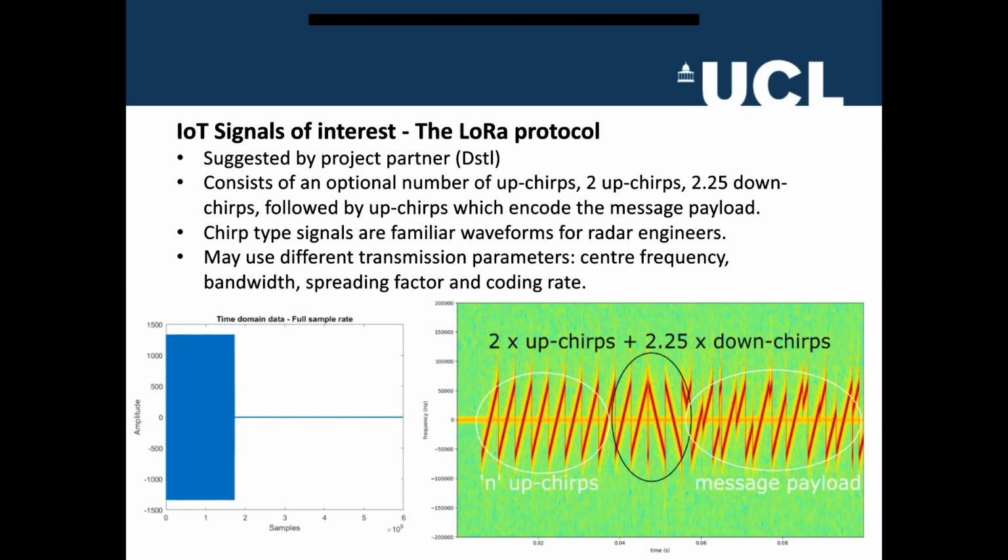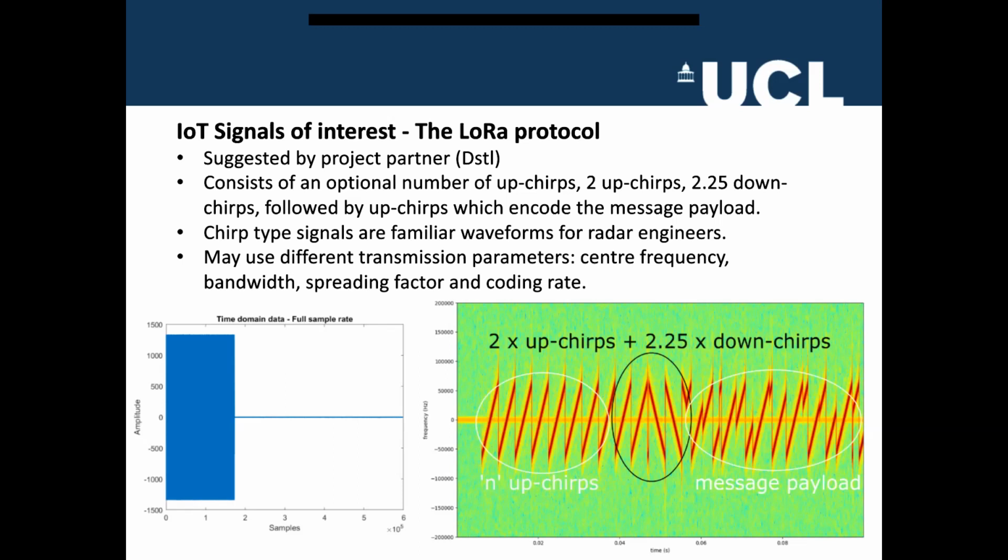Colin went over this a couple of weeks ago, but the LoRa protocol is quite a good protocol for us radar engineers because it uses a sequence of linear frequency modulated chirps. To start off with, there's a set of up chirps. Then crucially, there are 2 1/4 full down chirps. And then the message payload follows that, being encoded by the start frequency of the LFM.